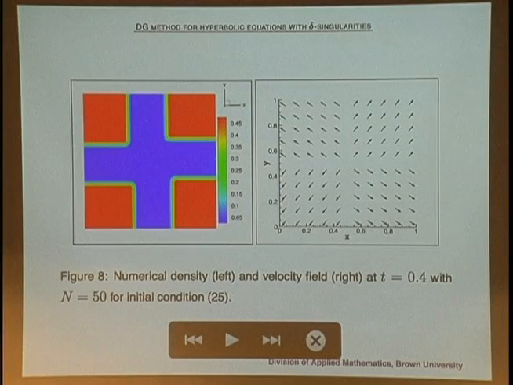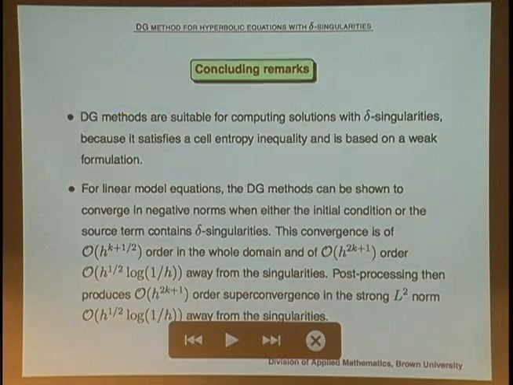So the concluding remarks are these. You have this method called the discontinuous Galerkin method, which belongs to finite elements in the integral sense. It can be used very effectively to solve conservation laws. Even for problems with delta singularities, you can say something both theoretically and numerically.